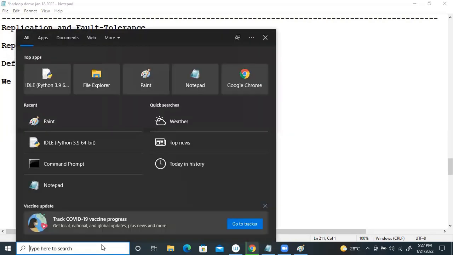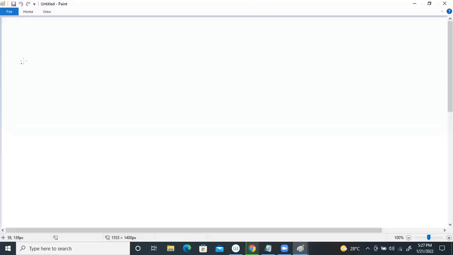For example, I have an f1.txt file of 192 MB.